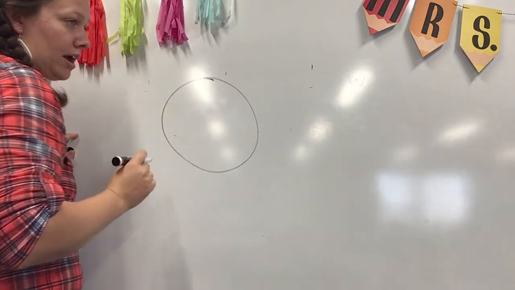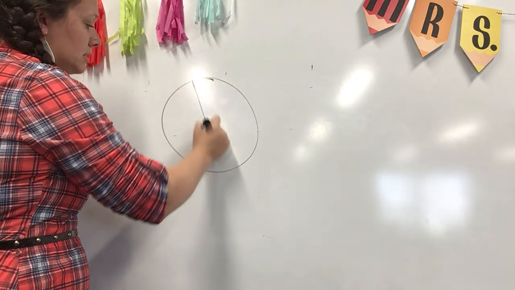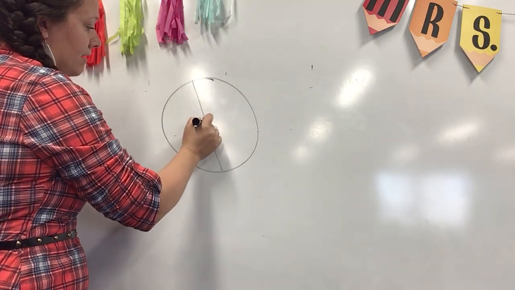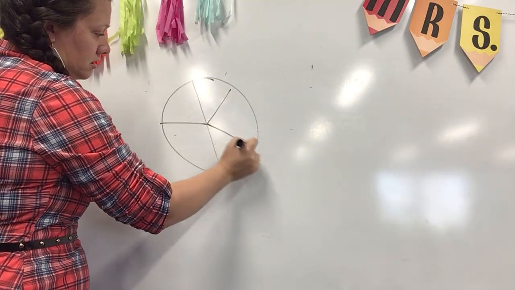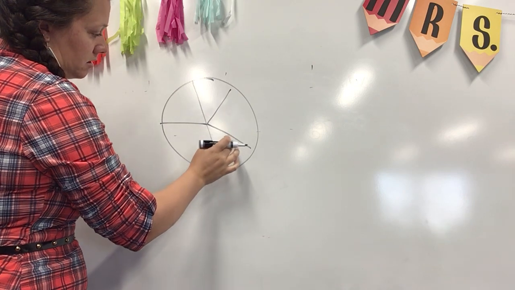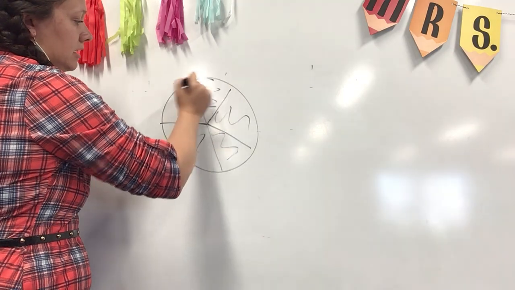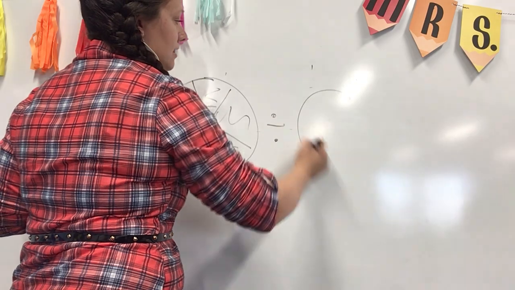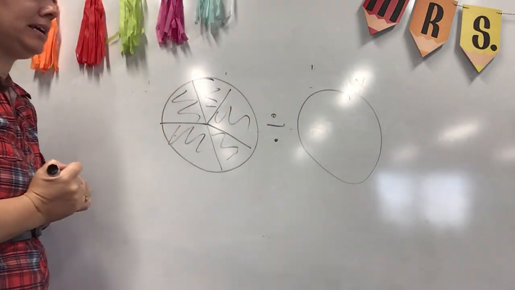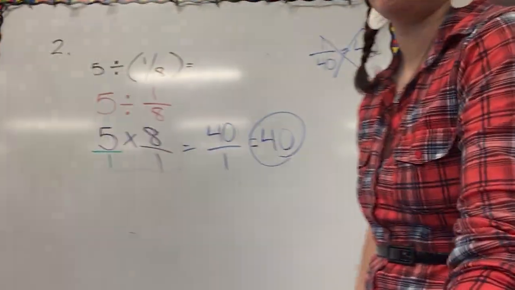So I would want to show this pie in 5 pieces, and all 5 parts. And then divided by 1/8, I would show a pie with 1 piece out of the 8 pieces colored in. That's what I would do for a visual representation there.